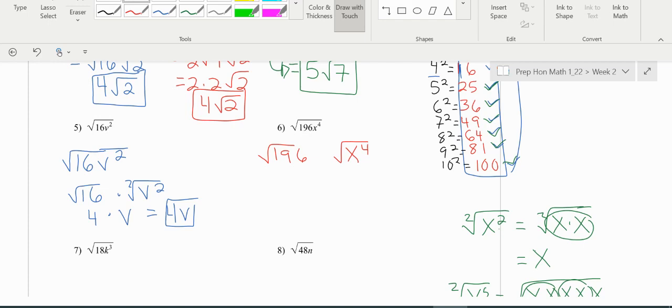And when I do the square root of 196, we're going to want to try that it actually is a perfect square. We get 14. And then the square root of x to the 4th is x to the 2nd. And so 14x squared would be our answer here.